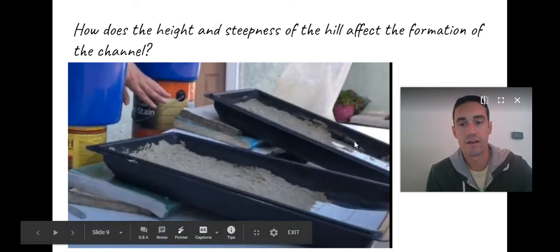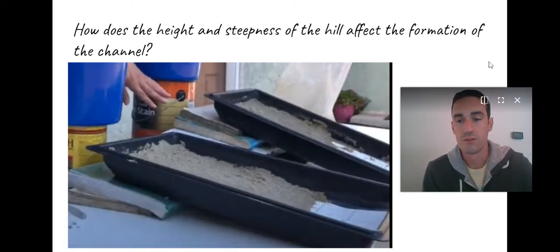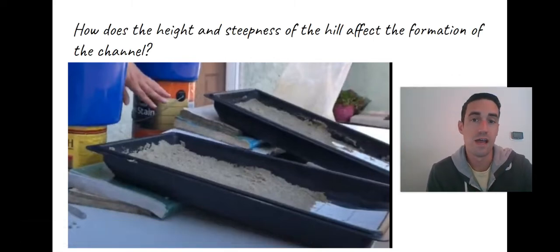If we make it higher, then it's going to be a little bit steeper, and we can see if that changes what the channel looks like when water flows through it. So she's going to only change the height of the hill. Everything else has to stay constant. So the amount of soil, the pressure of the flow, the amount of water, everything else is going to stay the same, so that only the height is affecting the formation of the channel.